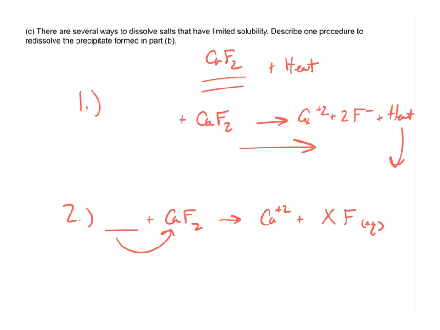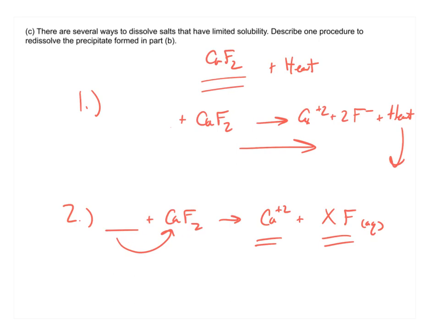So one way to dissolve a salt that's not very dissolvable is to introduce a cation in the form of a metal that is higher on the activity series that could kick out the calcium, and thus you dissolve the calcium fluoride by creating 3 aqueous ions in solution rather than a solid metal and a low solubility salt.